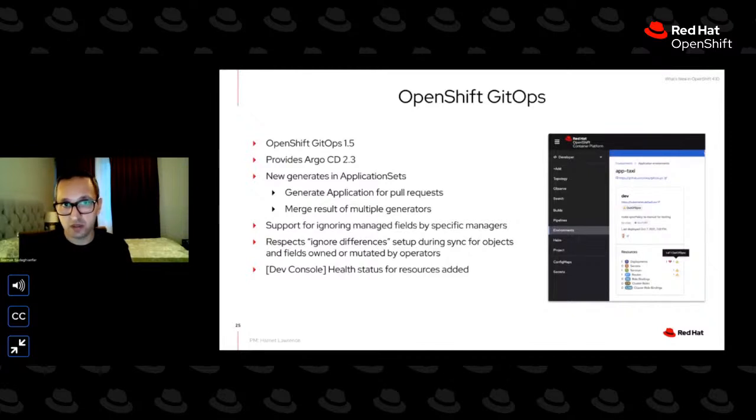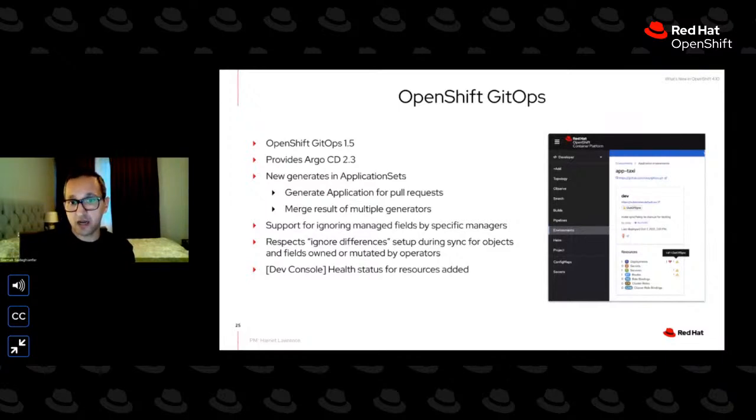If you look at some of the objects on OpenShift, you see at the topmost a managed field attribute, and under that a long snippet saying what fields are managed by whom, by which operator. So in GitOps 1.5, you can, for example, say any object that is managed by the registry operator, ignore those ones during diffing and syncing, so that it doesn't complain about that operator having changed those fields.